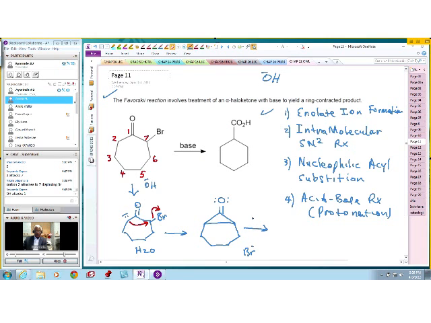So now the hydroxide attaches to carbon 1, and when it does that, this pi electron goes to oxygen. Now we form this here.